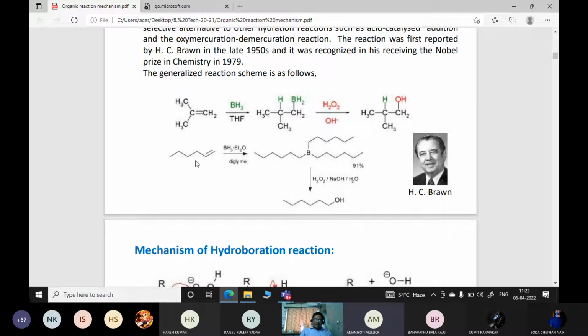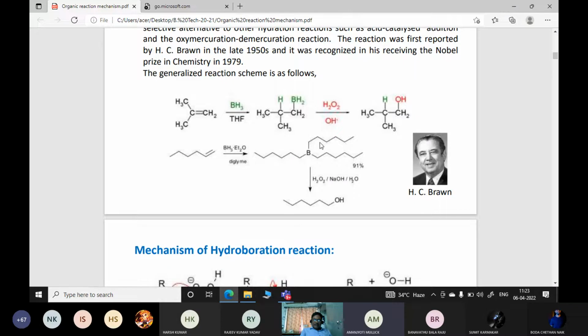Now you see here, this is 1-hexene. 1-hexene is treated with BH3 in diethyl ether or diglyme. Diglyme also helps to stabilize the BH3, and diethyl ether acts as a solvent. In a step-by-step process, three alkyl groups attach to boron, and it becomes a trialkyl boron.